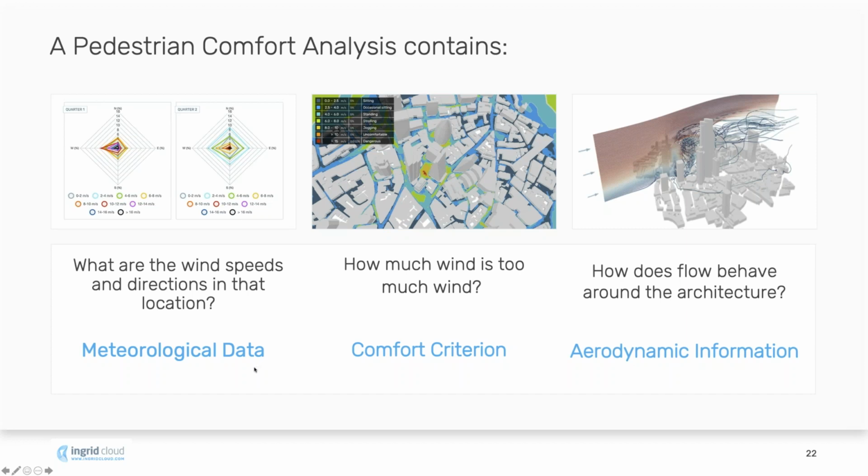That means you get information about the statistical distribution of wind speed and wind direction of the chosen location. You also get a comfort map as illustrated in the picture above. This comfort map gives you information on how comfortable it is in a specific area to sit, to walk, and so on. And you also get information about the wind dynamics, which is about how the flow behaves around your architecture.